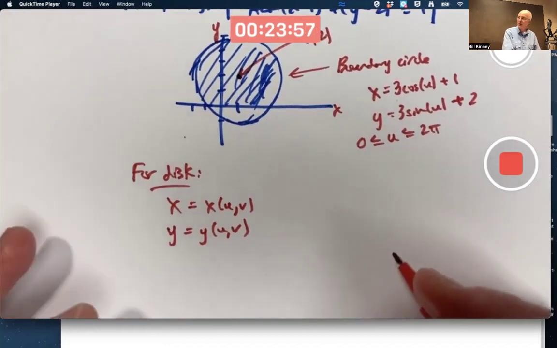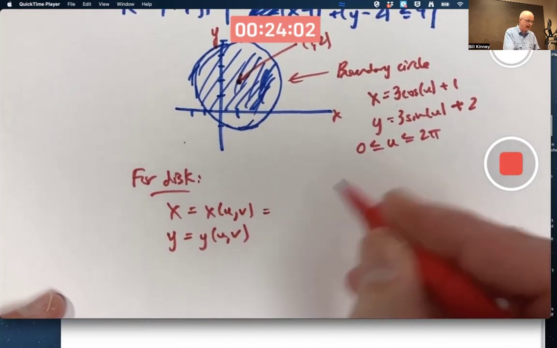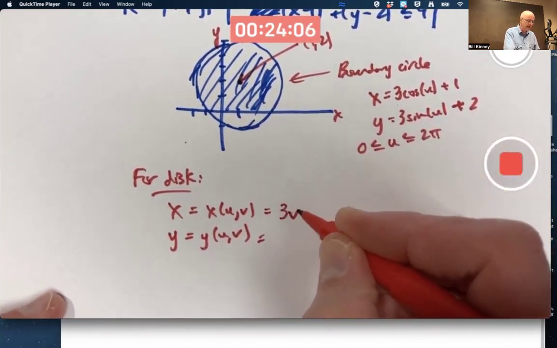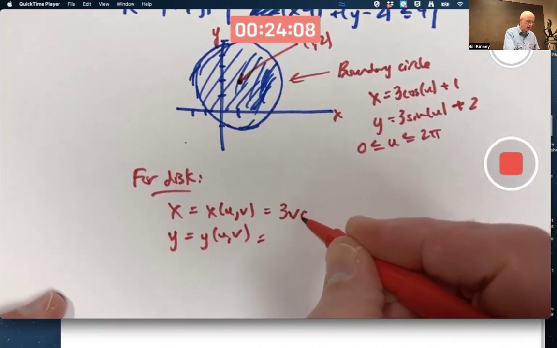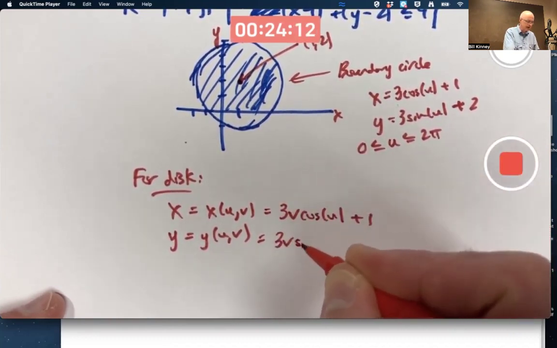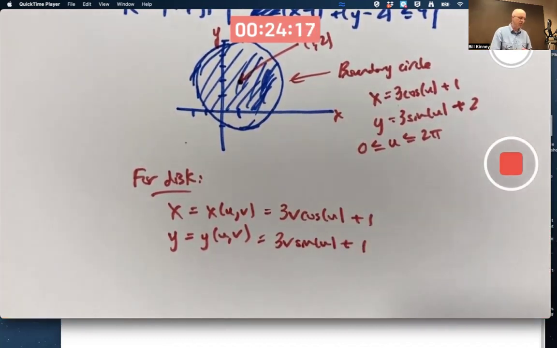We're just getting more practice with coming up with formulas like this. If we multiply the terms by v, we get 3v cos u plus 1, and then 3v sine u plus 2. That should parameterize the entire disk.